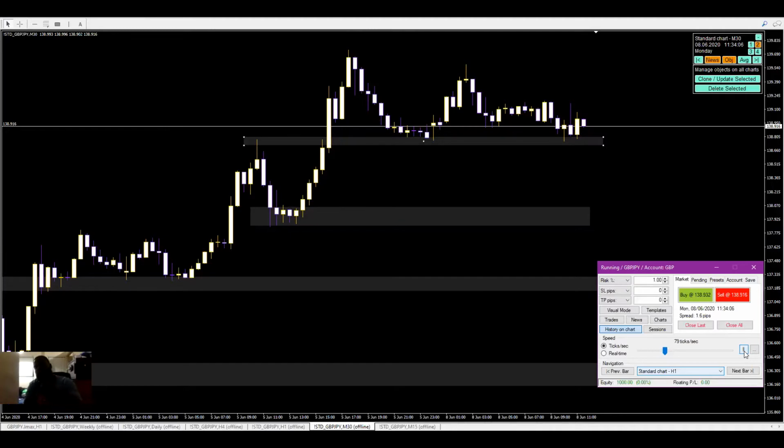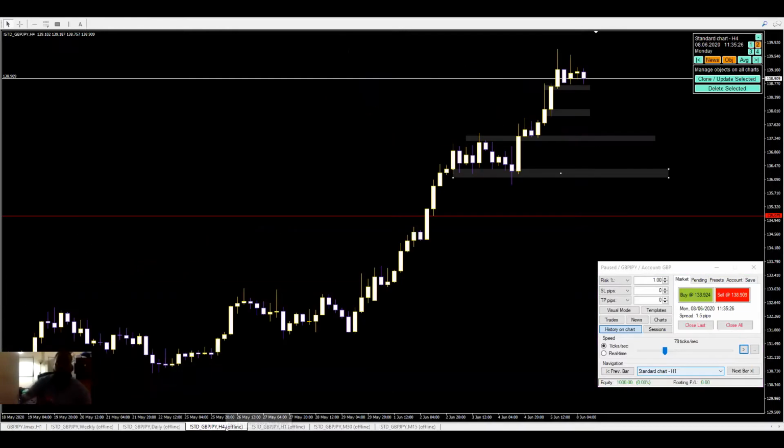Now I would anticipate something light. You see how this current candle is pushing down first. If my bias is buys, I'm looking at the H4 and saying this could possibly be a bottom wick to push up.